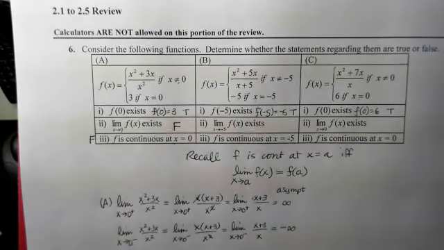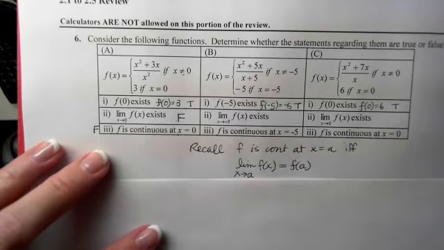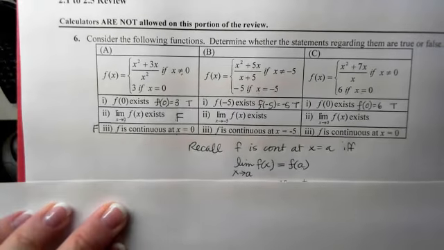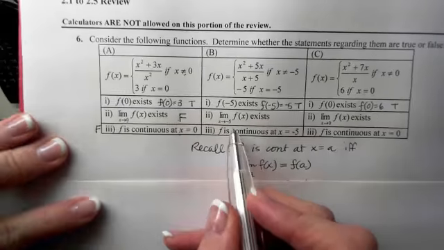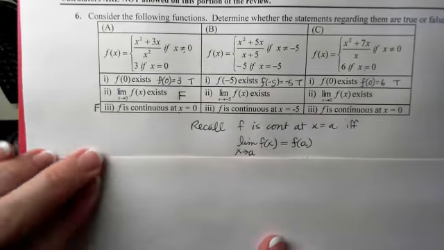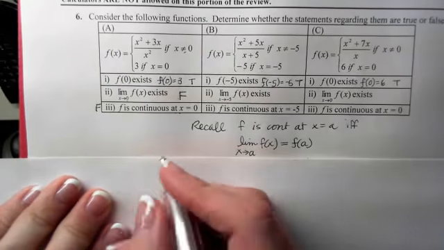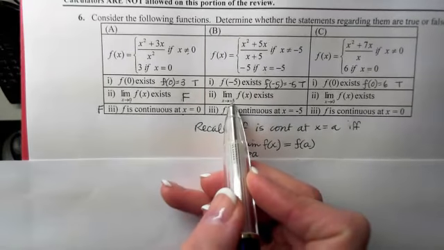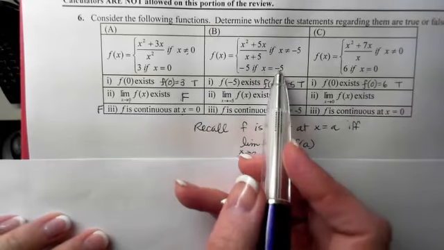And I'll get a spare piece of paper here. If we look at B, we want to determine whether that limit at -5 exists. So I'm going to scoot this up a little so we can see. Again, we're looking at the joint.